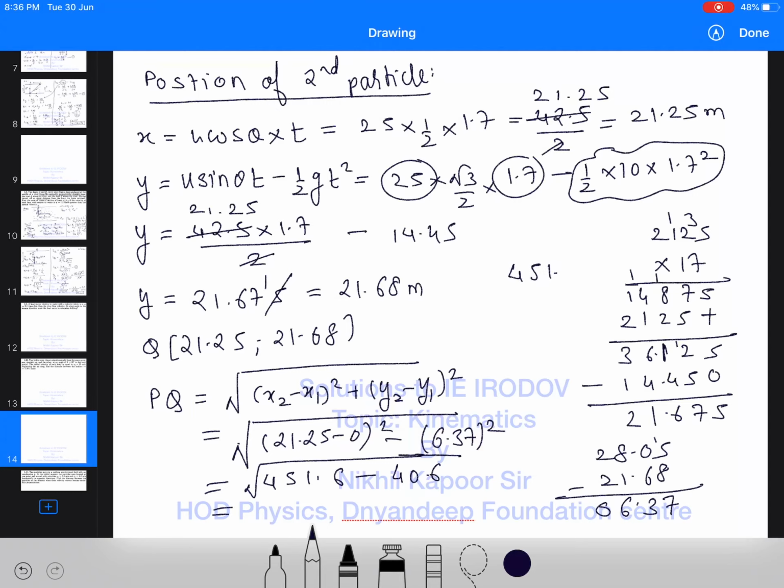Now let's combine this: 451.6 and 40.6 gives 492.2, so it comes out to be under root 411, which is just greater than 20 point something.